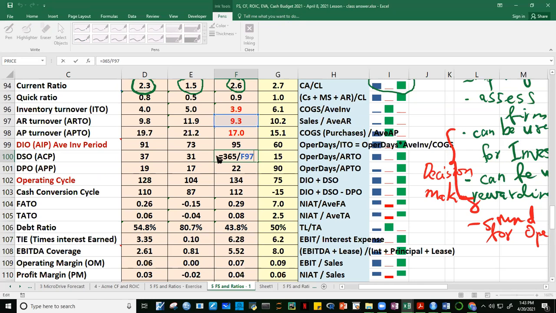Tapos, pagkabenta, tapos pagkakolekta, yun yung days sales outstanding or average collection period. Okay, so in this case, 39. So 39 days is the number of days on the average it takes the company after selling to collect on their receivables. Okay, good or bad?